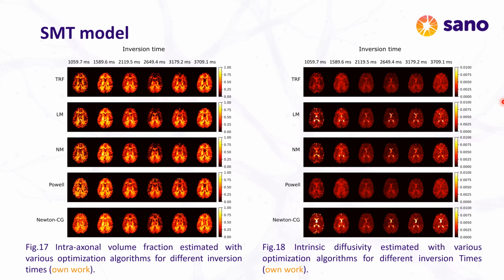In the case of other methods, numerous bright spots can be observed in the area of cerebrospinal fluid, where the value of diffusivity is about 0.01, which is more than three times the values that can actually be present in the human brain. This is because only for the trust region reflective and Powell methods was it possible to set the limits of the parameter range to values correct for brain tissue.